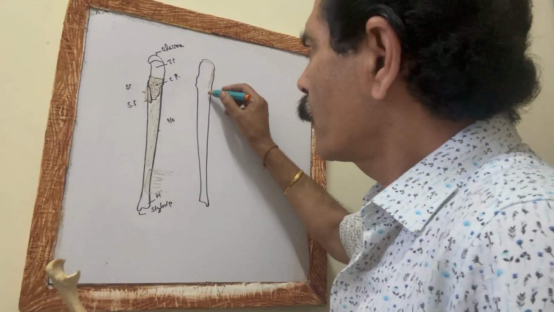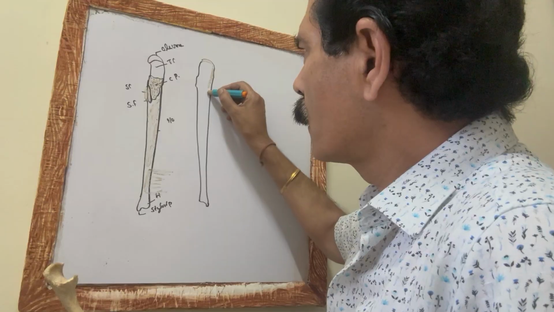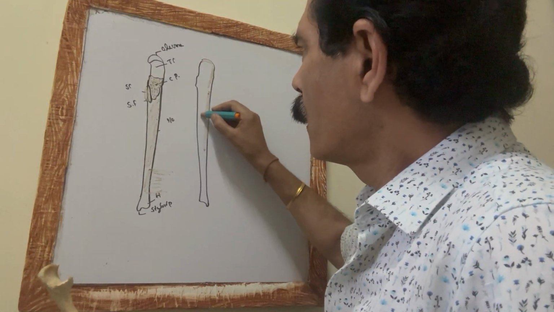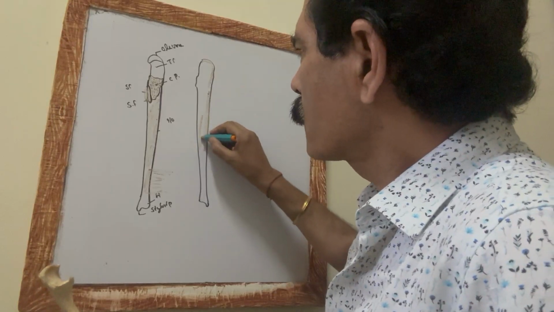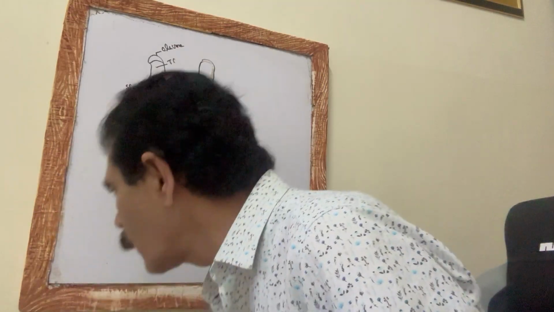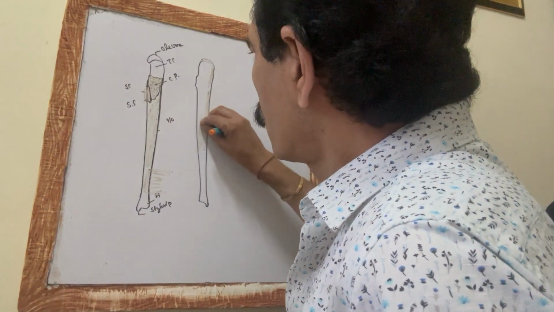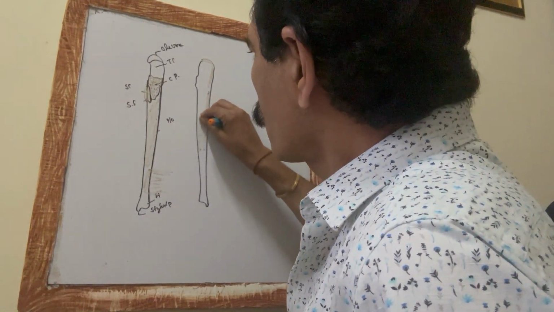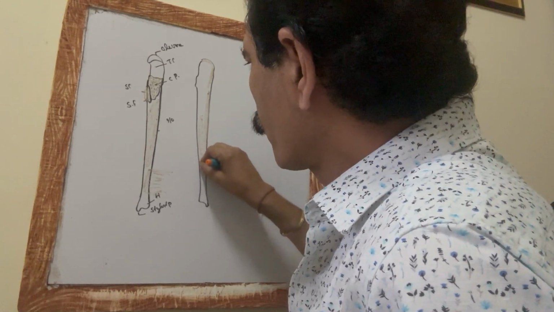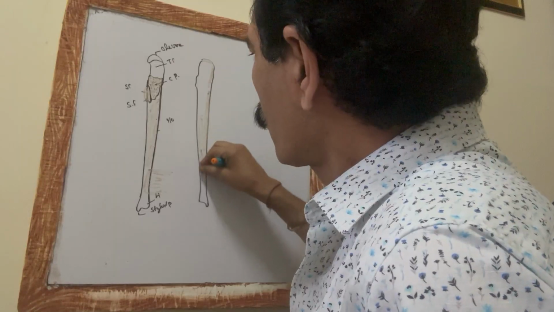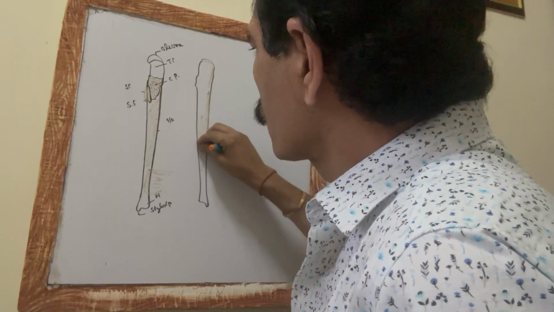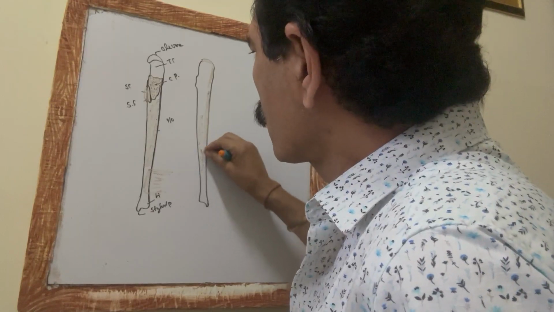Then on the posterior surface, the muscles which take origin are the extensor pollicis longus, and below it the extensor indicis.